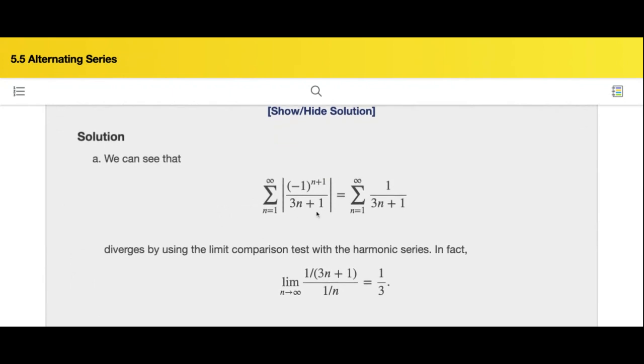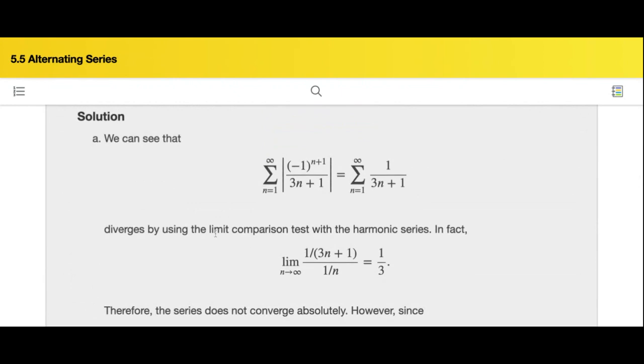So we take the absolute value of the term. The absolute value of the terms is 1 over 3n plus 1. Right? If we can prove this one converges, then we can see the original alternating series converges, because this is a bigger series, 1 over 3n plus 1. But this one, if we use a limit comparison test with a harmonic series, we see it diverges.